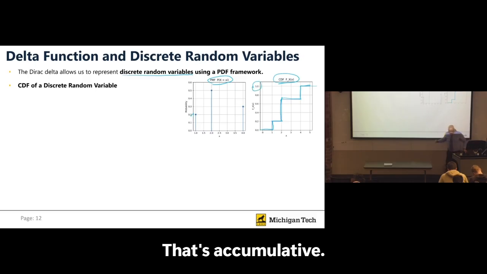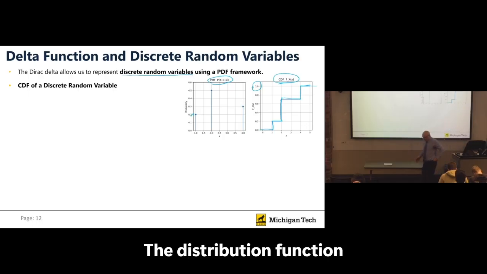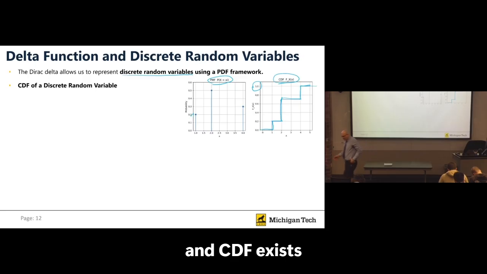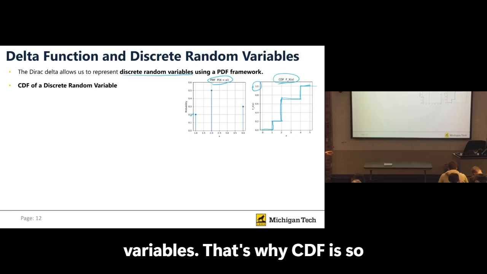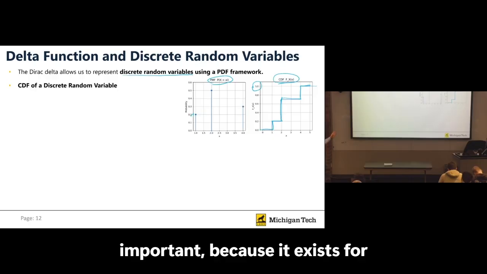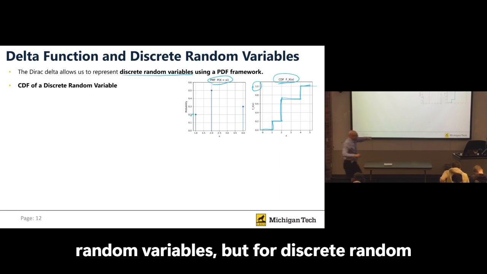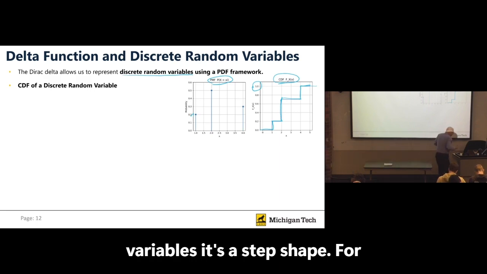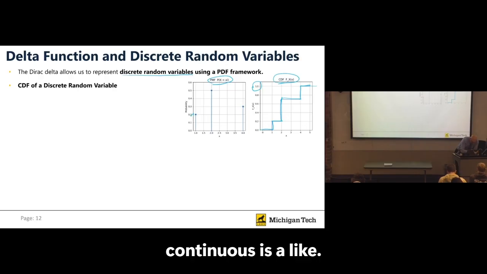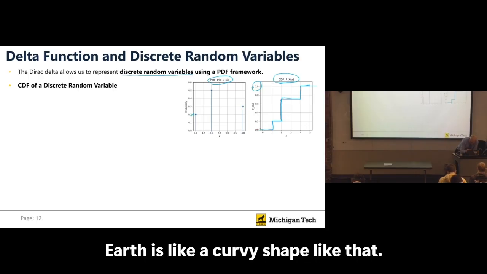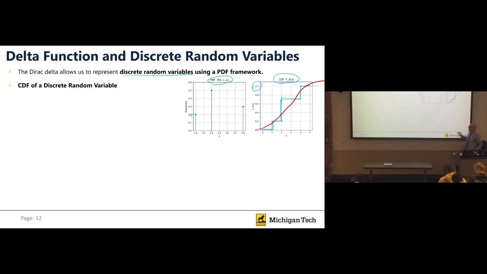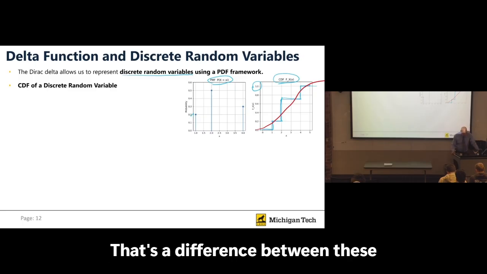That's the cumulative distribution function. And the CDF exists for all random variables. That's why the CDF is so important, because it exists for continuous and it also exists for discrete random variables. But for discrete random variables, it's a step shape. For continuous, it's like a curve. That's the difference between these two.